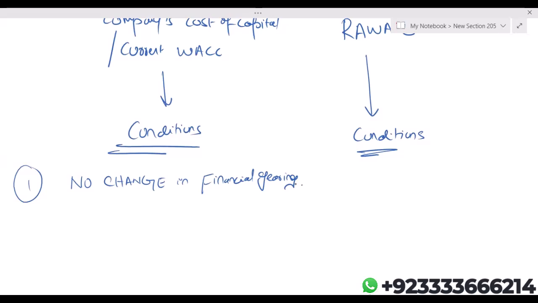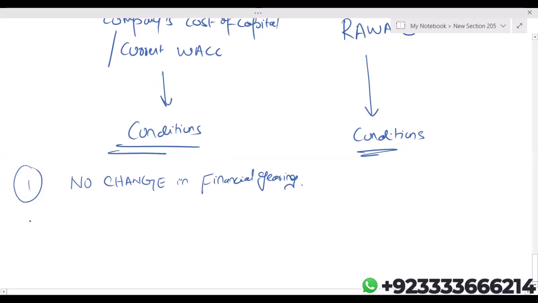And in case of cost of capital, whenever we are using the word financial gearing, it is always on the basis of market values, not on the basis of book values. For example, existing market value equity is, let's say, 60% and market value debt is 40. So new finance is also being raised in the same proportion. No change in financial gearing.